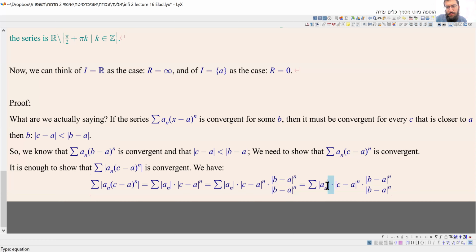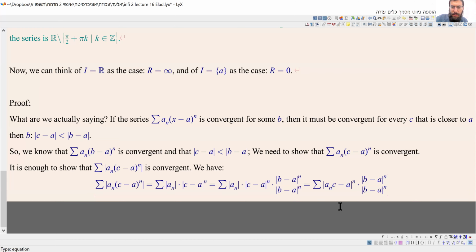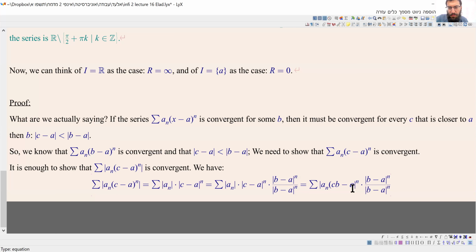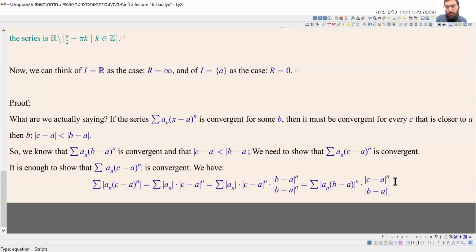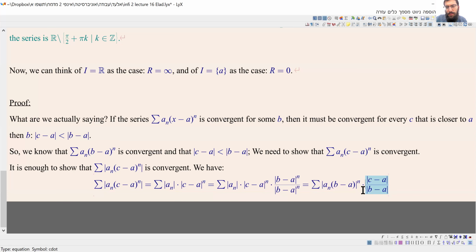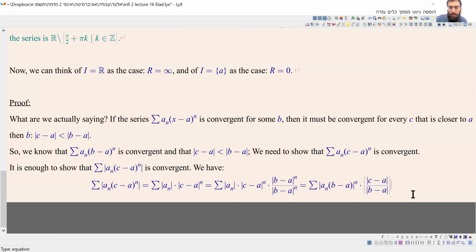On one hand, it is a_n multiplied by b minus a to the power of n. And on the other hand, it is c minus a over b minus a, and using some rule of powers, we can take the n outside.